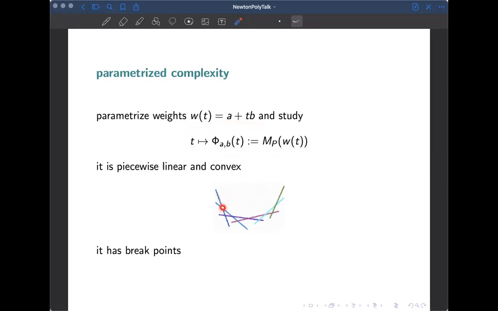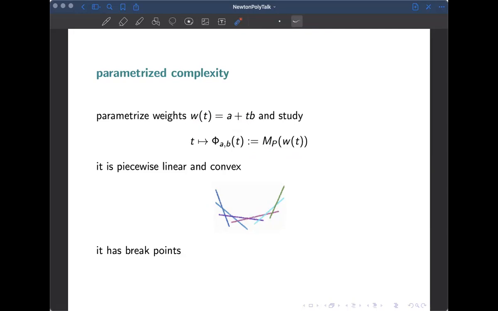Such a function has breaking points. These are the positions, the times at which two vertices are maximizers of this linear function. So we started with a polytope.